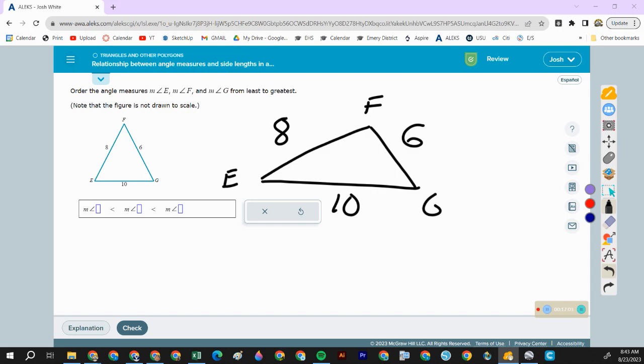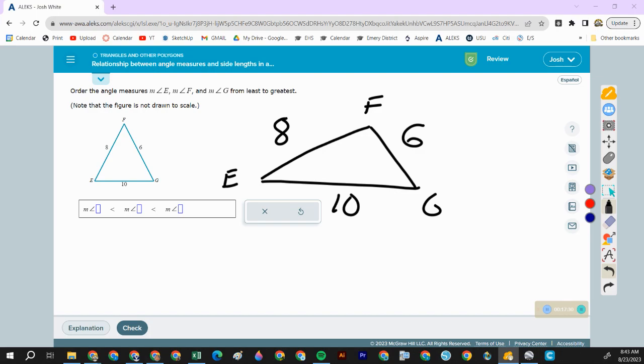Which angle is the largest? F. Why is angle F the largest? It may or may not be obtuse. I kind of drew it slanted. So it has to do with how big the side is.